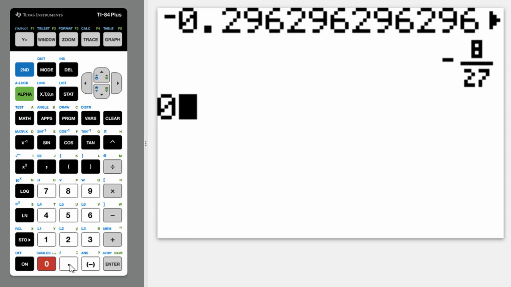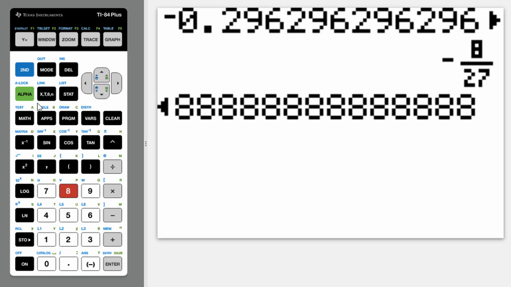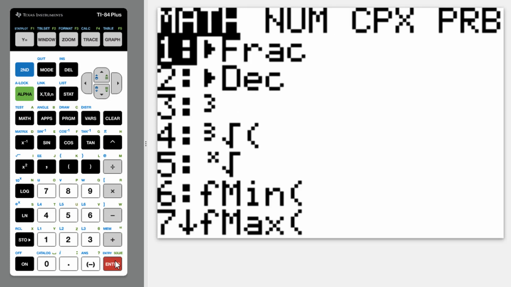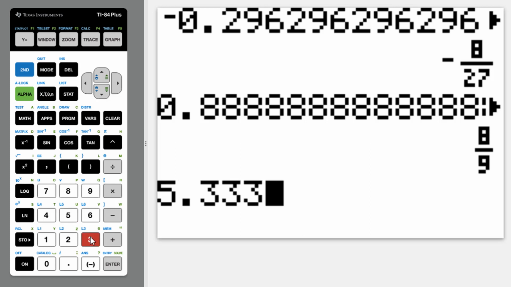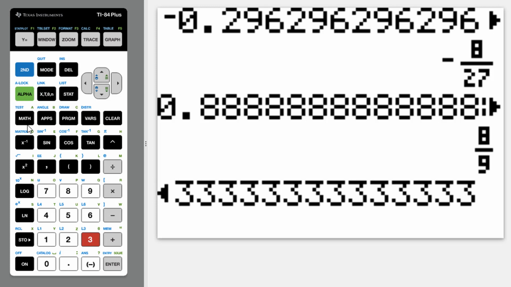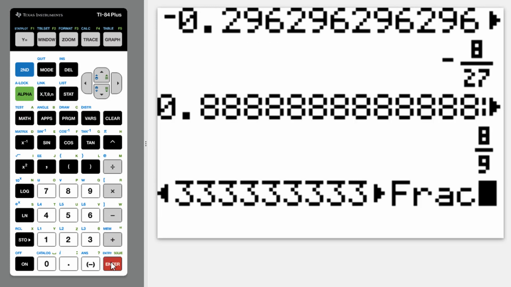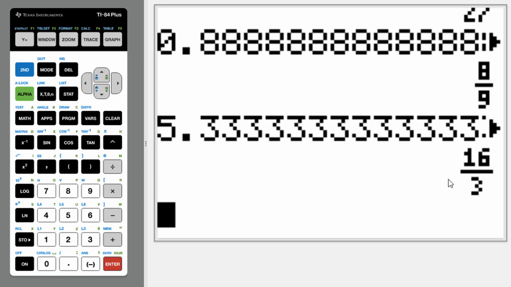For B, that is 0.888. Keep going. Then go to math, enter, enter. For C, that is 5.3. Keep going. Then math, enter, enter. You will get C.